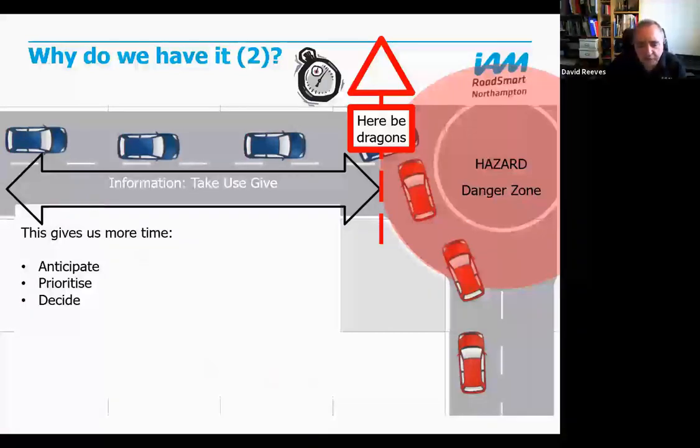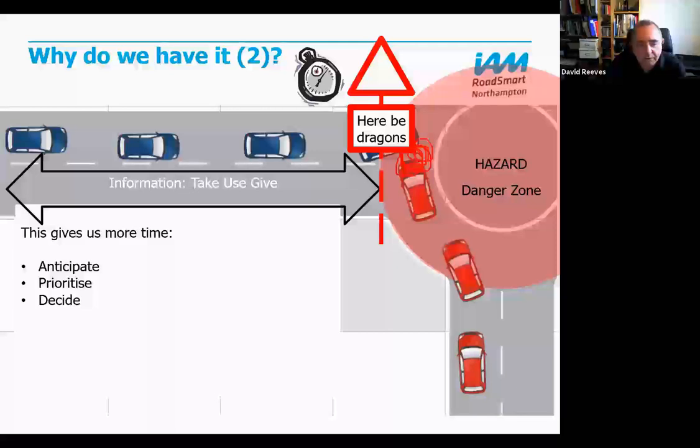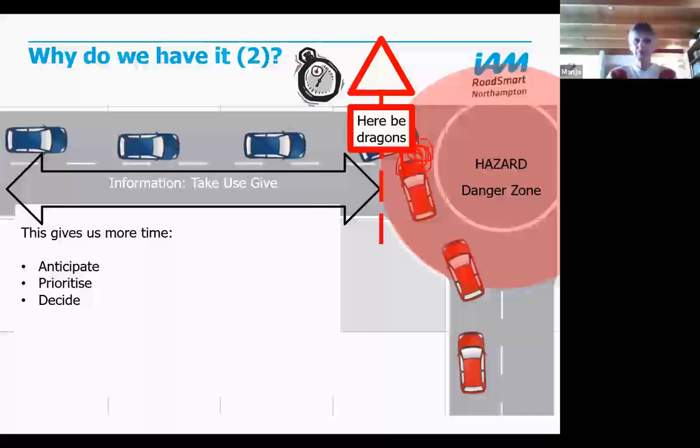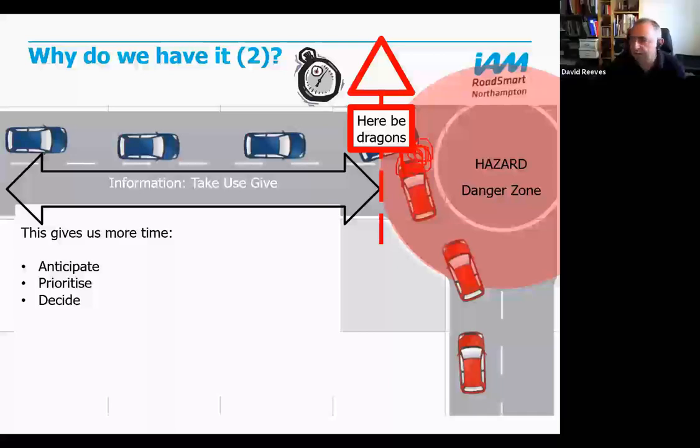Now, if you talk to people who've either been in a collision or people who investigate collisions, the difference between a collision, a near miss, and nothing really happening at all might well be seconds. And so by the time we get to that zone where the red car is impacting with the blue, if we've managed to do all these things and save ourselves some seconds in this bit, that might make all the difference. And that's why it's important.